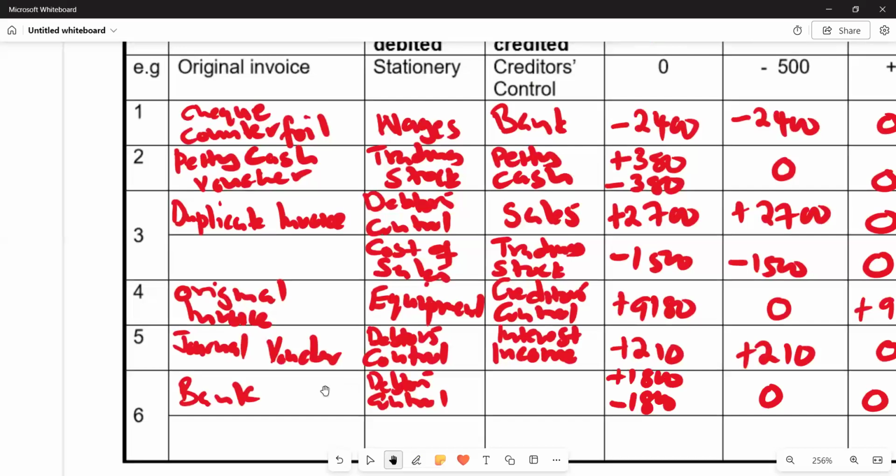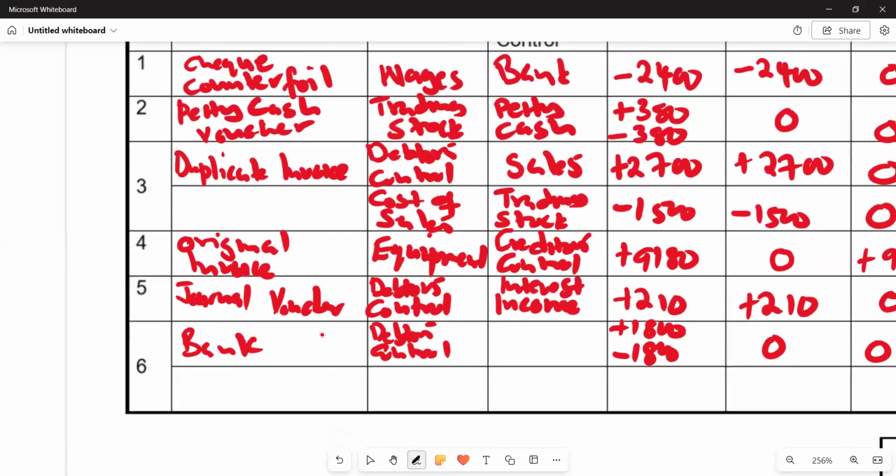Then the second double entry, remember, we said we've got a discount allowed that we are debiting, and then we are crediting debtors control. And the amount is 30.